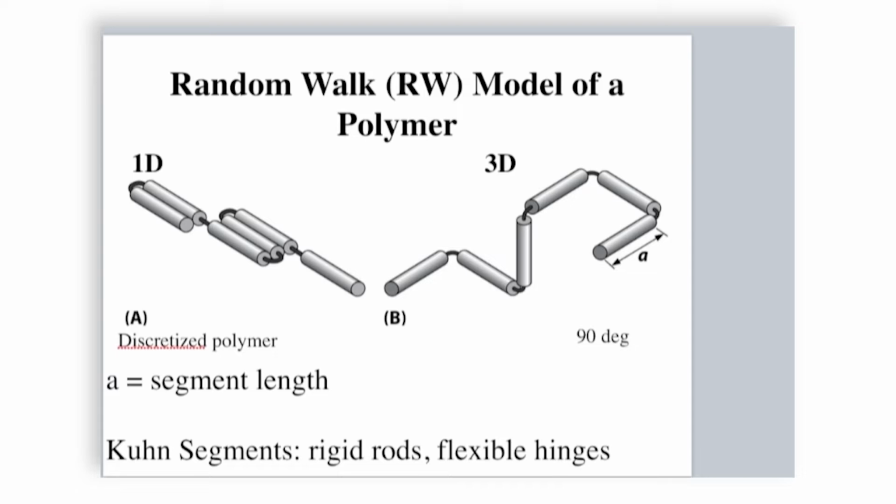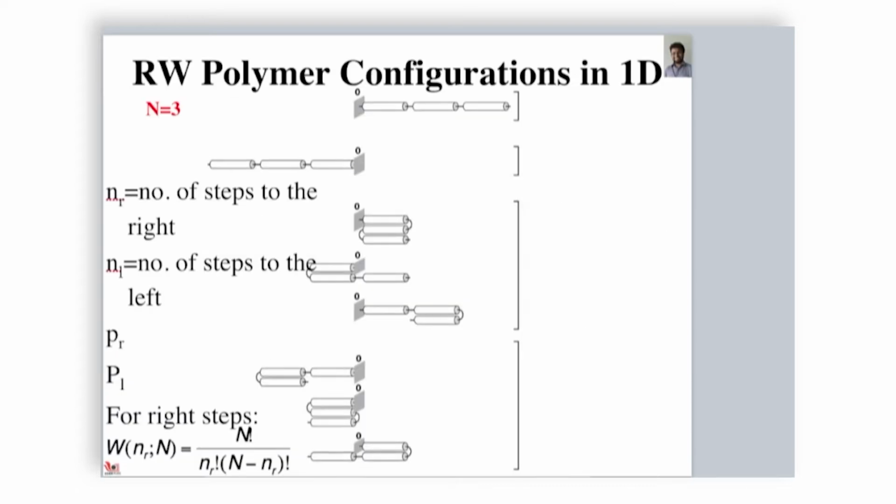These segments may be little beads or cylinders, and the cylinders have little completely flexible joints. Here, for simplicity, we assume only 90-degree swaps in 3D. Okay. So if we consider now, coming back to the one-dimensional case, a freely jointed chain of 3 segments, then we have a whole bunch of possibilities that we can arrange this polymer in.